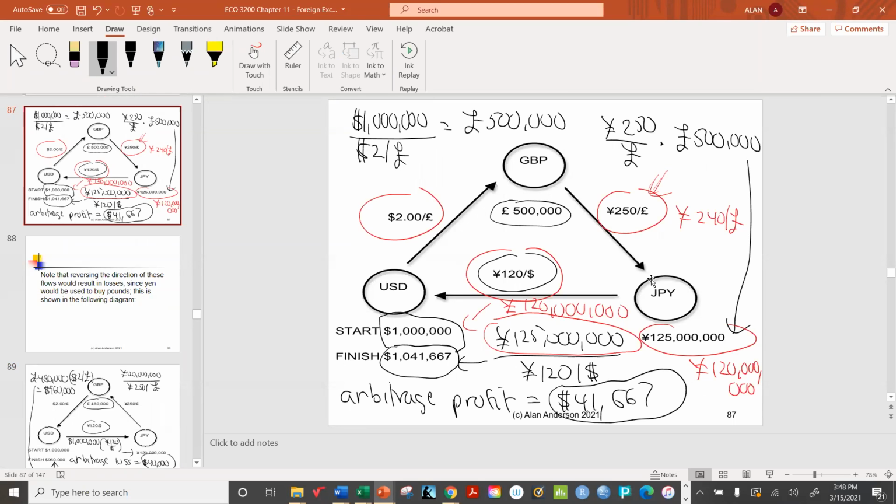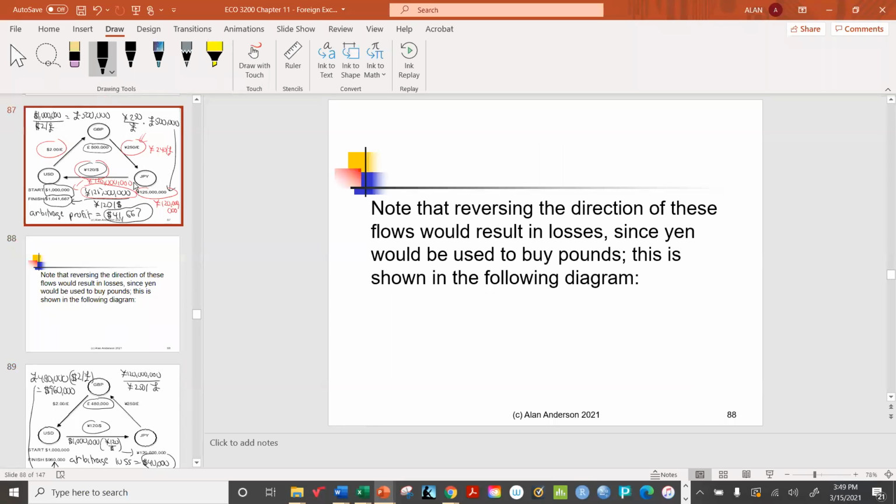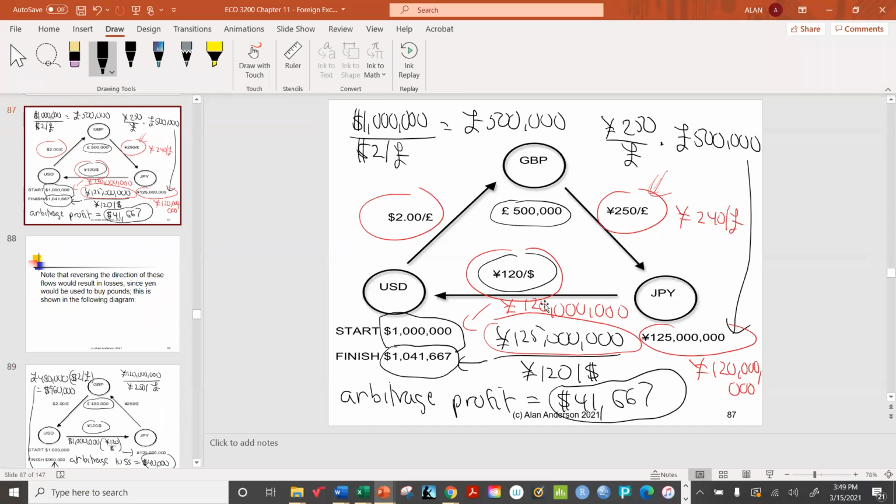If one direction loses you money, the other has to make you money. And again, in all cases, if the cross exchange rate is correct at the right level, then you will have no profits no matter what direction you go in.